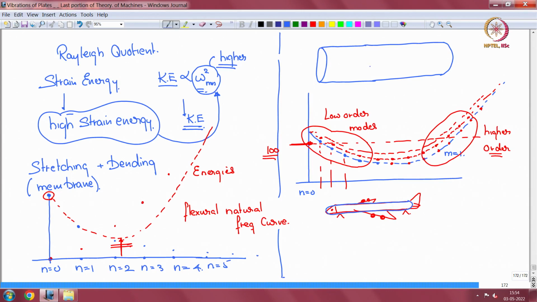And then we have the engine over here. Now the engine will have blades. Let us say hypothetically it is rotating at 3000 rpm, which is 3000 by 60, which is 50 hertz. The shaft rotor is going at 50 hertz, and let us say there are 4 blades, then you have 200 hertz.